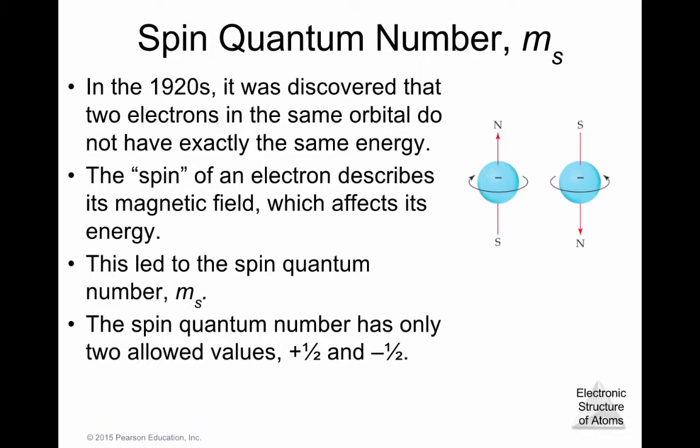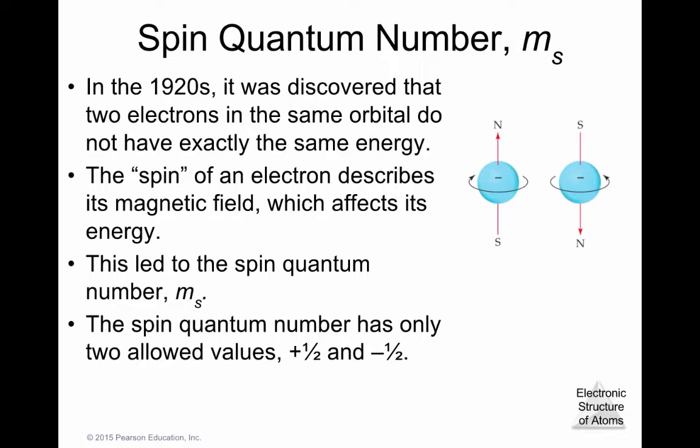Okay, we have one other quantum number that we didn't really mention yet, and that's m sub s, which is the spin quantum number. And so what they discovered in the 1920s was that 2 electrons, even if they're in the same orbital, don't have exactly the same energy.